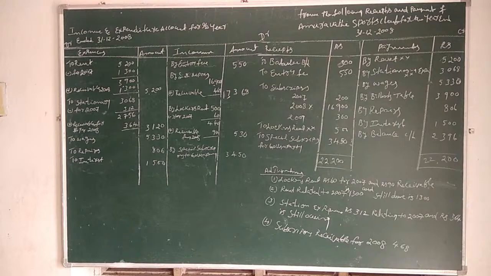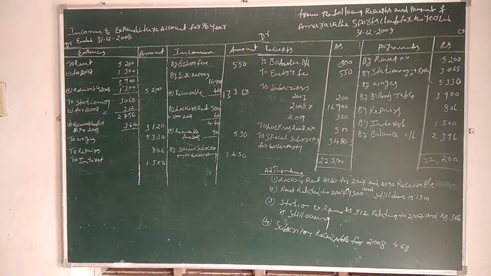So, expenses on the debit side: 5,200, 3,120, 5,330, 806, 1,500.